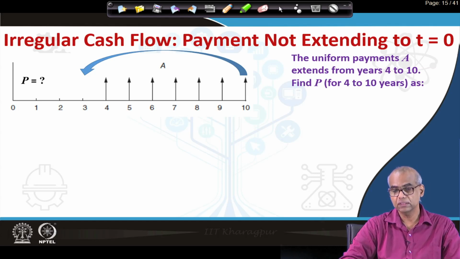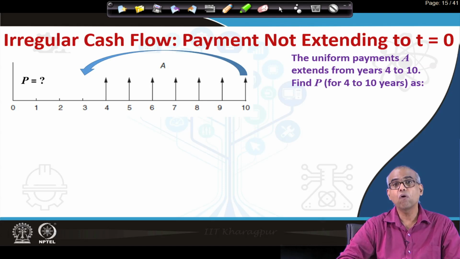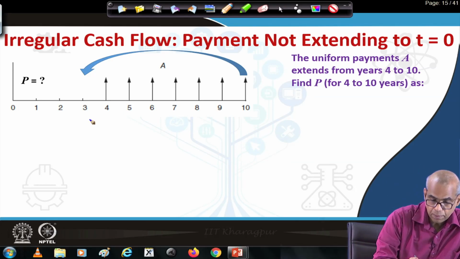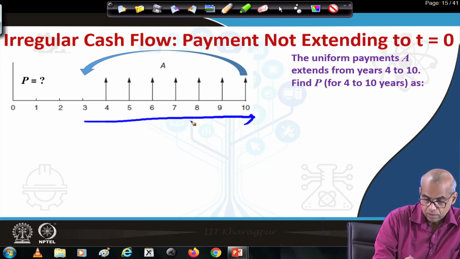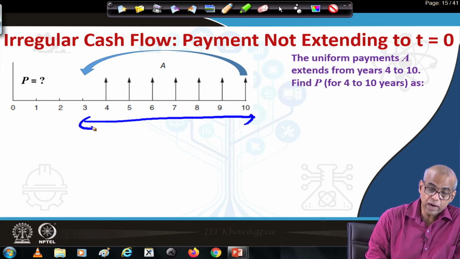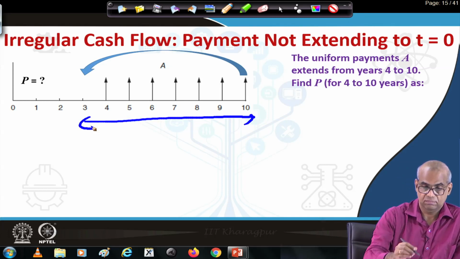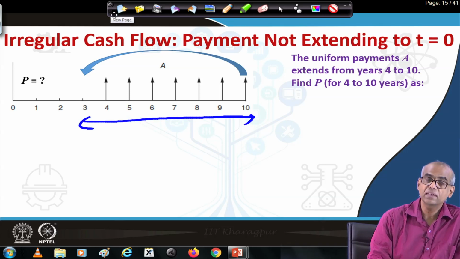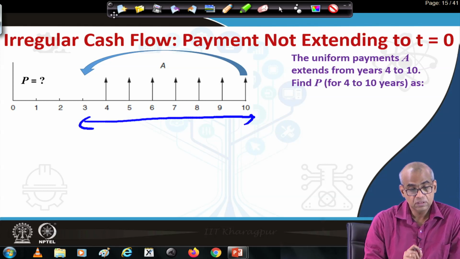So, you have to find P first for years 4 to 10. Find the present worth value for this part of the cash flow diagram and place that P value at the end of the third year, and then from there again you find out the P value at time 0 years.